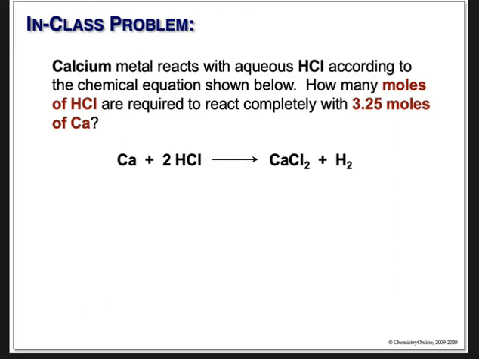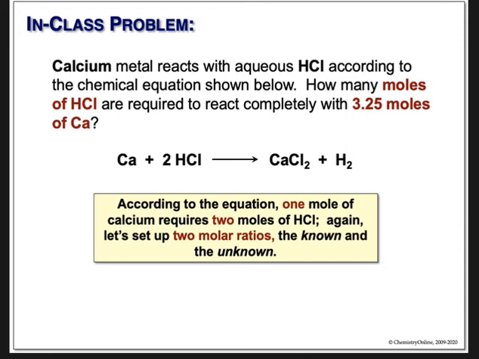Next, let's look at our problem. We're going to link HCl and calcium. So HCl linking to calcium. They're both reactants, but it still works. Our relationship is 1 calcium requires 2 HCl's.